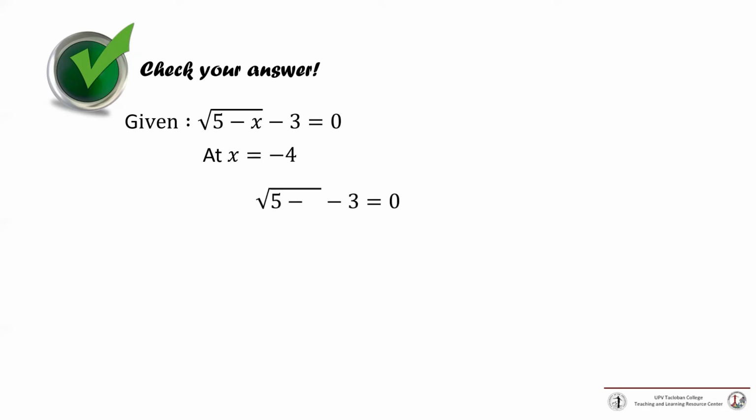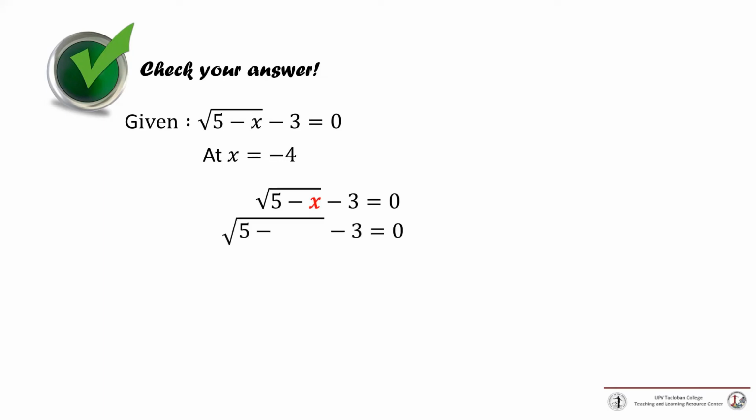So this time, we are now ready to check our answer. First, you write the original equation, which is the square root of 5 minus x, minus 3, is equal to 0. And then you test if at x equal to negative 4, it satisfies the equation or not. So square root of 5 minus the value of x, minus 3, is equal to 0.